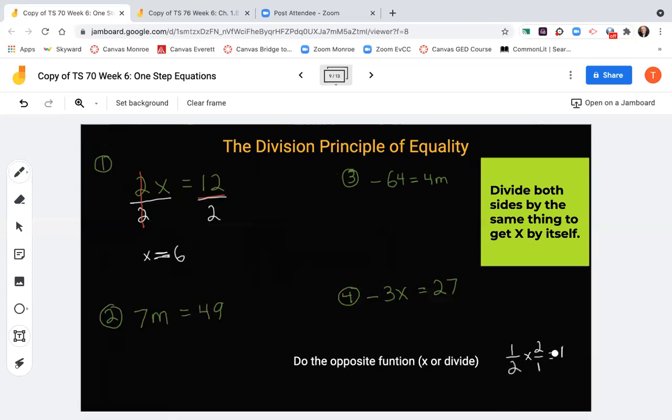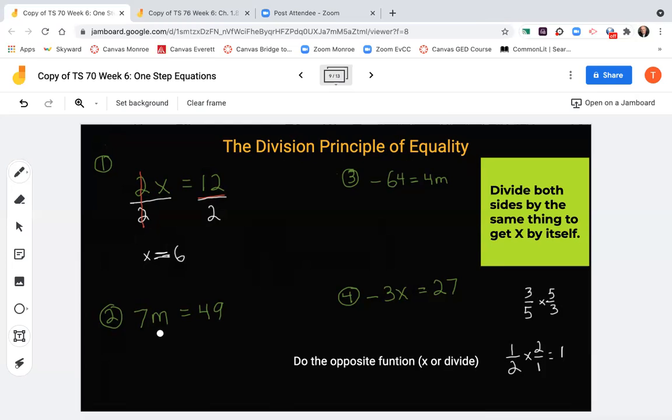Likewise, if I had the fraction 3/5 and I needed to multiply something times this side to get rid of the 3/5, what would I multiply that side by? I would multiply it by 5 over 3. See the idea? When you need to get rid of a fraction, if you multiply by the reciprocal, it becomes 1. Essentially, that's what we did here. We multiplied 2x by 1 over 2, which is just like dividing it here.